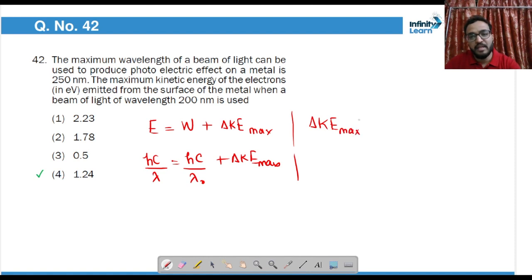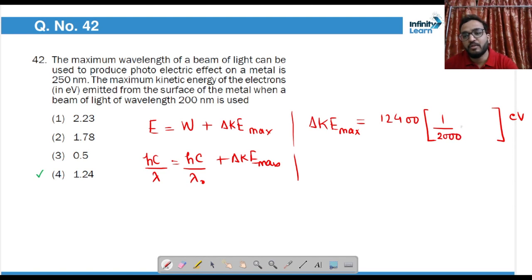Okay. So from here we can say that maximum kinetic energy is equals to, now Hc by lambda can be written as 12400, in terms of electron volts, upon wavelength in angstroms. So lambda is 2000 angstrom minus 2500 angstroms. In terms of angstroms we have written.